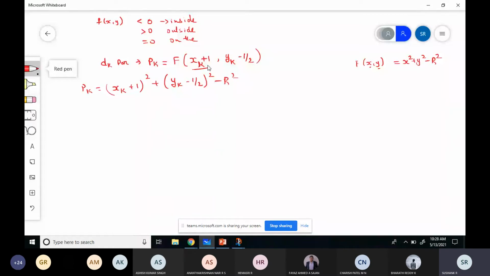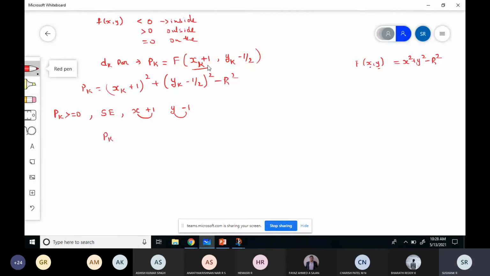Now scenarios: pk greater than or equal to 0, I chose SC. What will happen in SC? X will be incremented by 1, y will be decremented by 1. Now I'll call this pk plus 1.